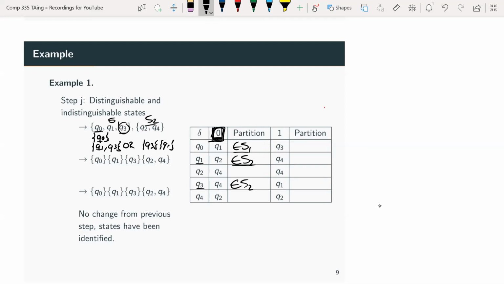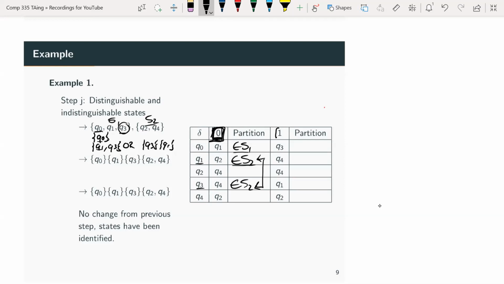For the input symbol 0, it is, in fact, true that they go to the same partition, S2. So for now, it appears that the states could be indistinguishable. But to confirm, we have to do all of the symbols.